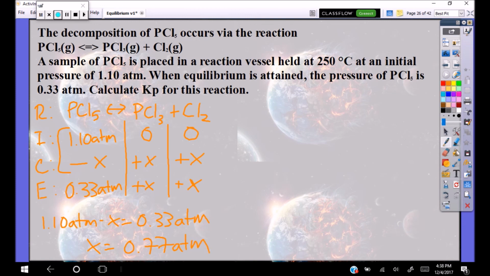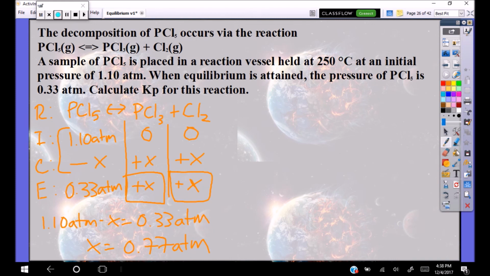Good. Well, we know that our change is equal to 0.77 atmospheres, and we can plug that back into our equilibrium spot here. So we know that the equilibrium concentrations for PCl3 and Cl2 are equal to each other, and they are both 0.77 atmospheres.